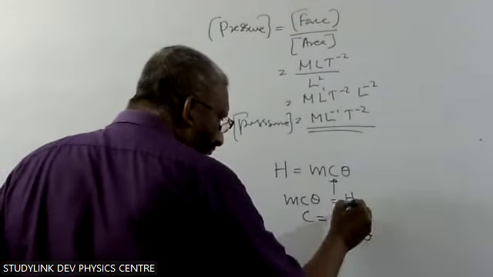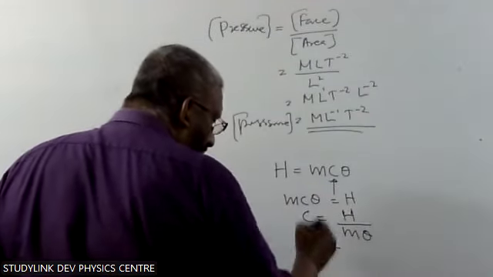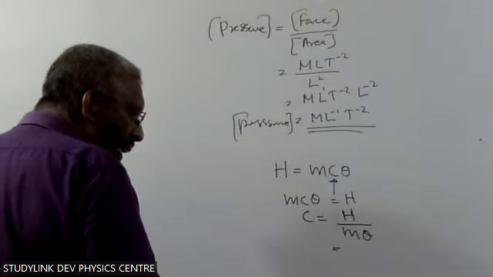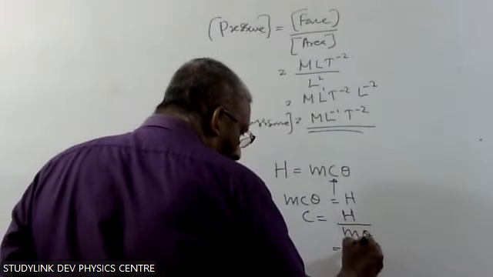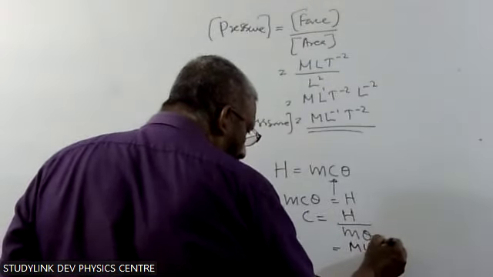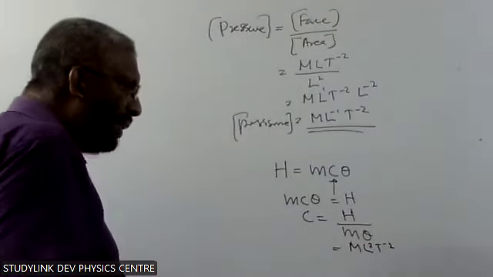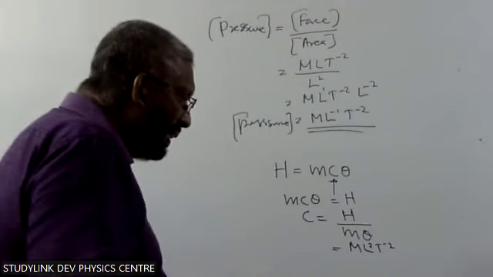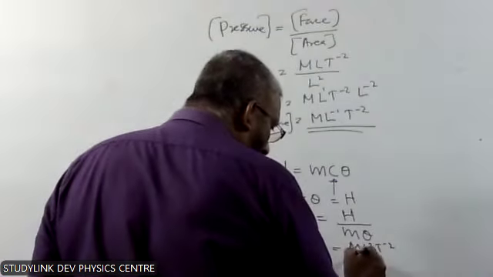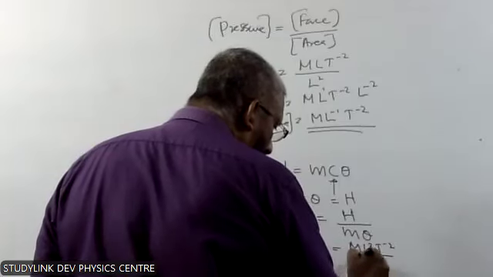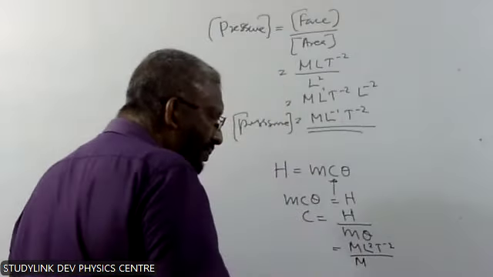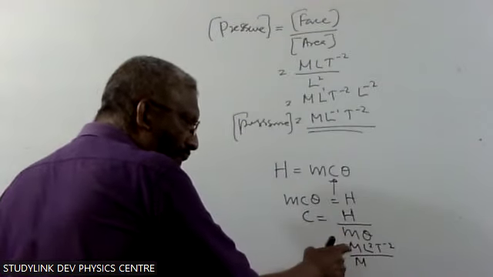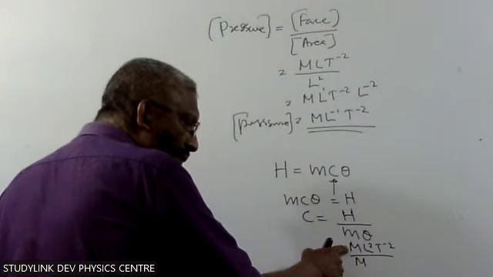Now H is heat. Heat is energy, no? So then you have to write the dimension of energy. Energy is M L squared T minus 2, force into distance. Then divided by mass. H is energy. Energy is equal to which one?